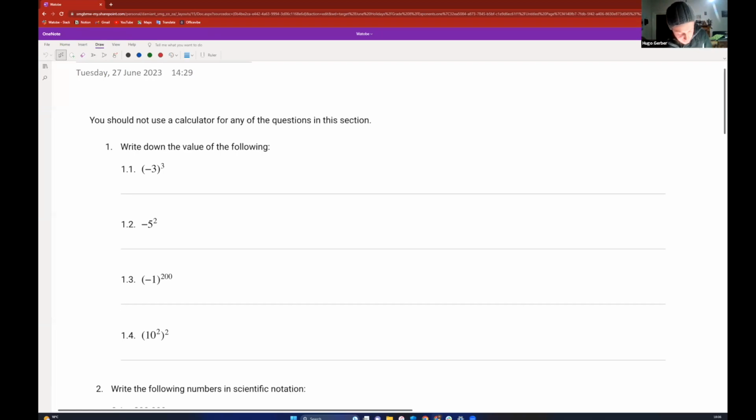Let's see. I'm going to start drawing. We have the brackets. First of all, the brackets. They catch us with brackets time and time again. The brackets and then the cubed outside of the bracket means we're going to do minus 3 multiplied by minus 3, 3 times.